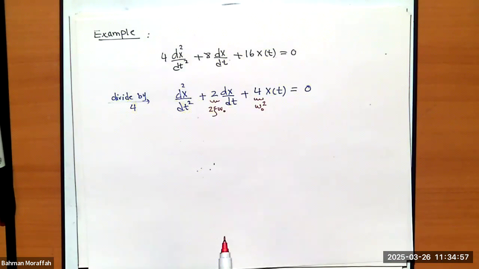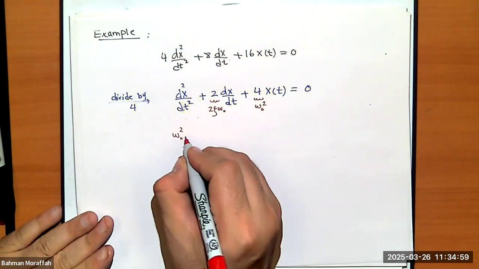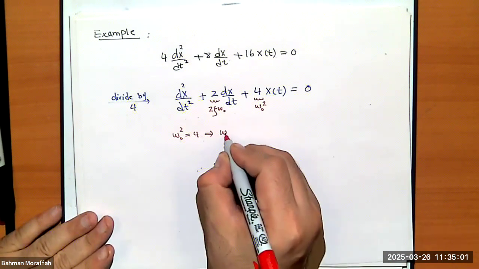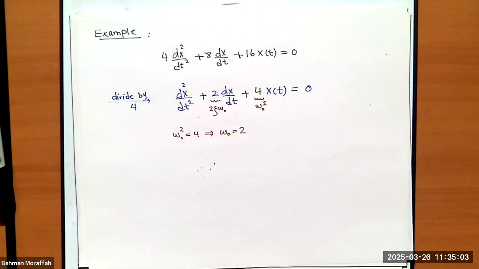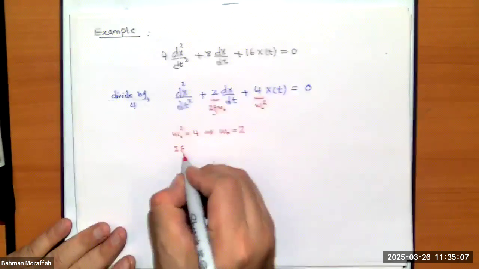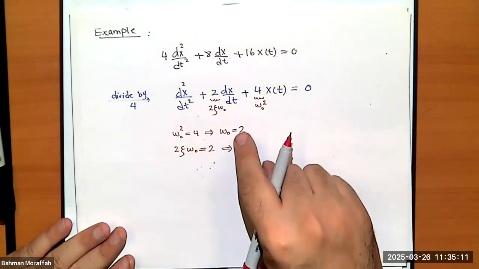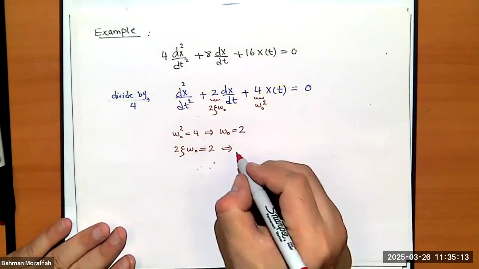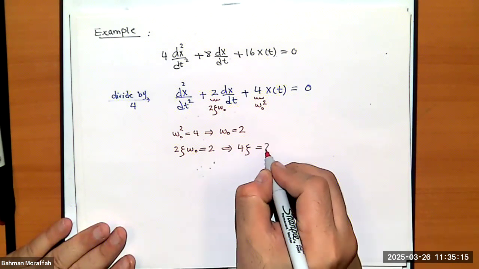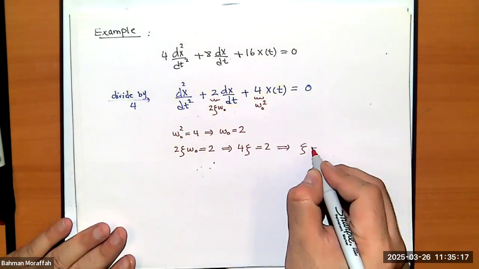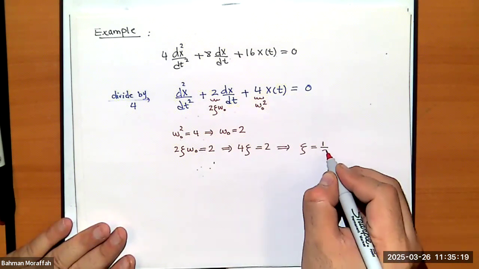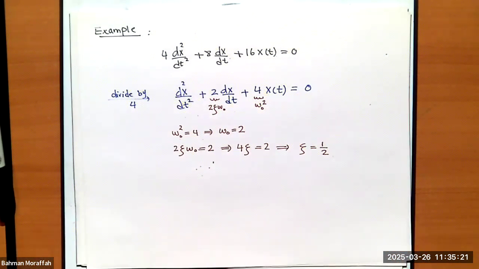Omega naught squared equals 4. That tells me omega naught must be 2. 2 times c omega naught equals 2, so I plug this in here. I have 4 times c equals 2, which tells me c is half.